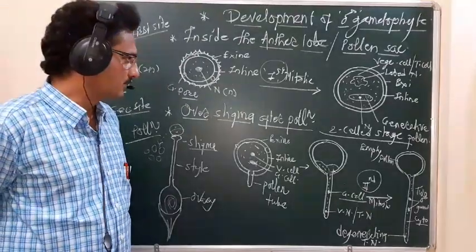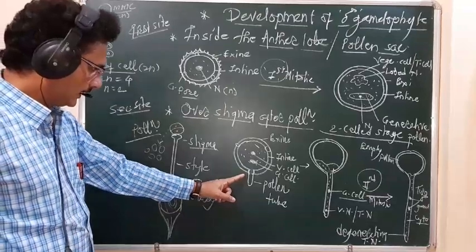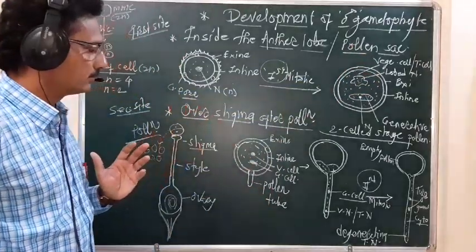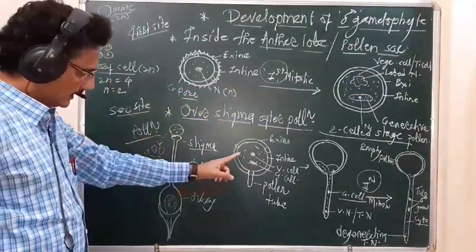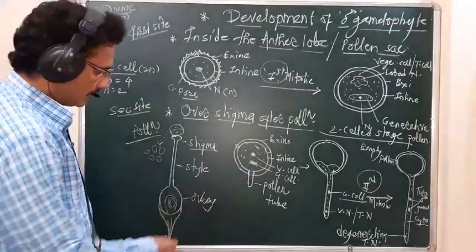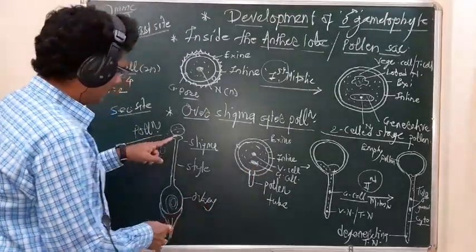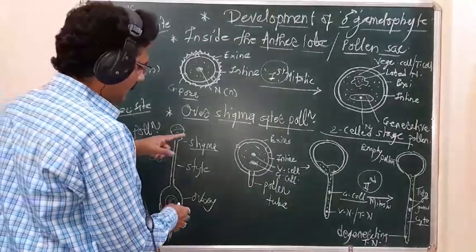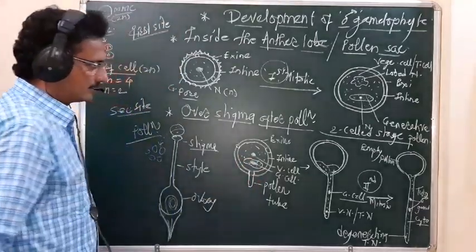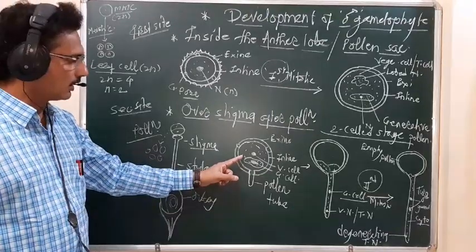So see who forms the pollen tube. I will mention who forms the pollen tube here. This vegetative cell or the tube cell, they are having a lot of food material. That cell takes part in the formation of the pollen tube, because this vegetative cell receives the content from the stigmatic surface, and inside the vegetative cell, student, the generative cell floats freely inside the cytosol of that tube cell or vegetative cell.